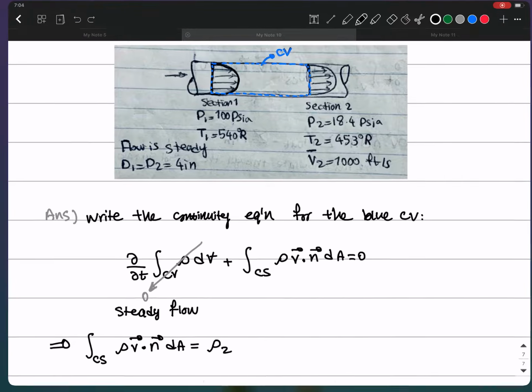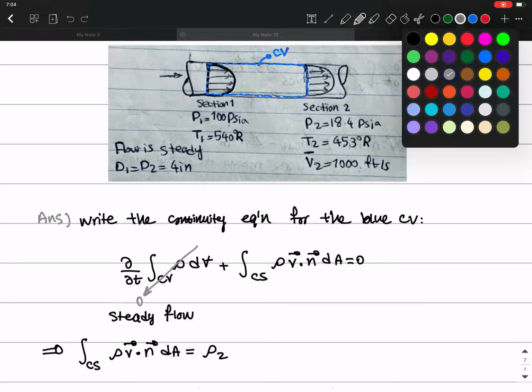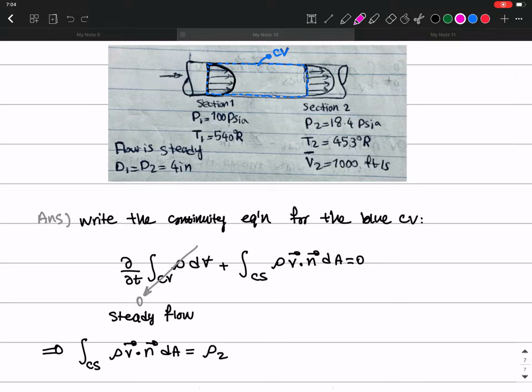Because the normal vector is always defined outward, n dot v here is positive and n dot v here is negative, right?